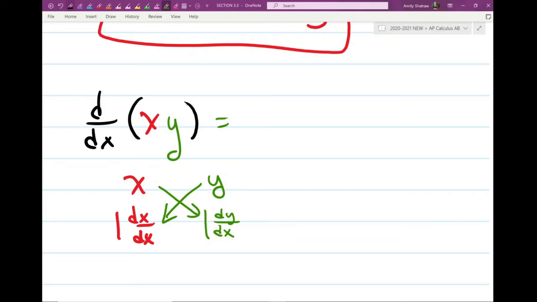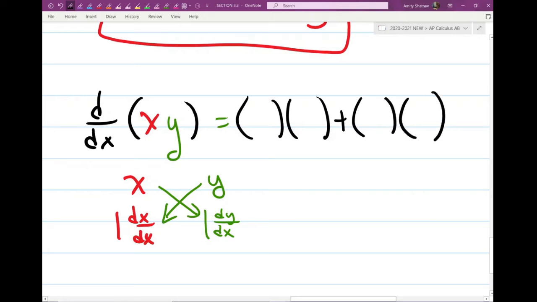So here then, the product rule is something times something plus something times something, and you want to memorize the final step, not the middle step. The middle step looks kind of ugly. This is going to be x, and this is going to be dy dx, right? 1 times dy dx is the same thing as dy dx. This is going to be dx. I don't write that down.